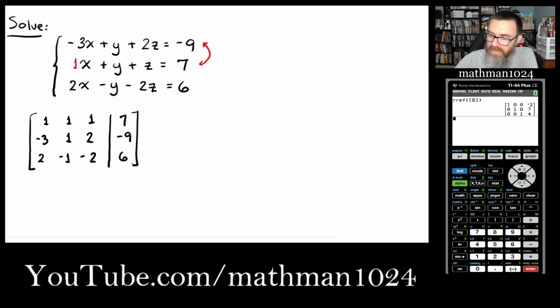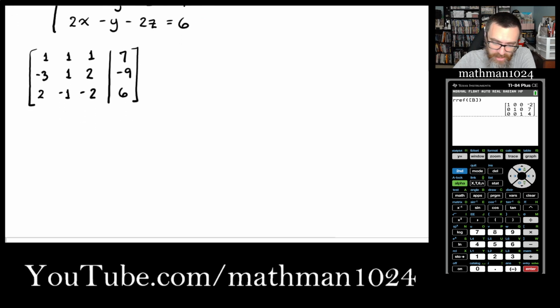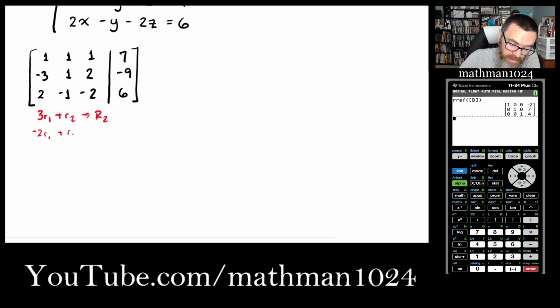All right, let's get to that row echelon form, starting by getting zeros going down here. So we'll do that by doing 3 times row 1 plus row 2, and we'll do negative 2 times row 1 plus row 3. My first row remains unchanged.